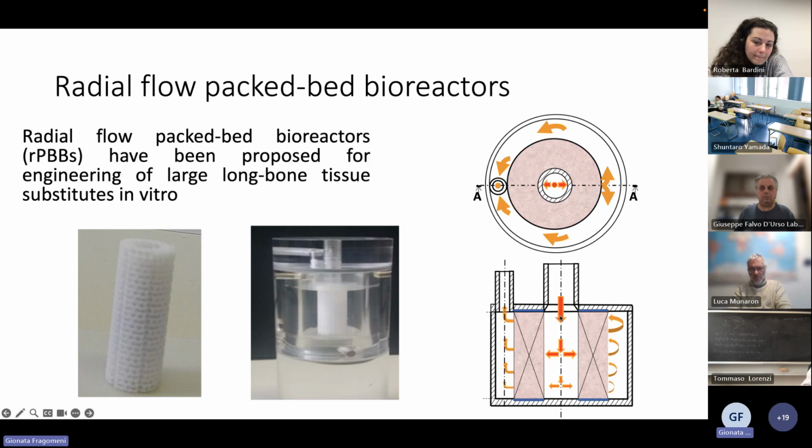We have an inlet at the center, and we have an outlet on the lateral side. This is a prototype of the bioreactor, and this is the scaffold that we used for the experimental analysis.